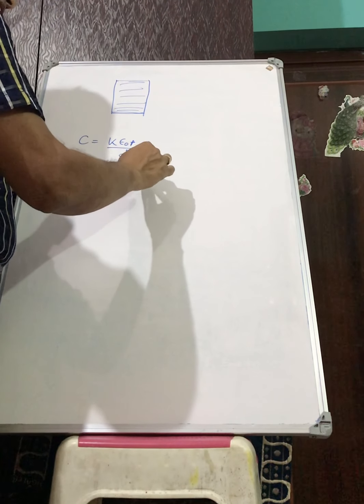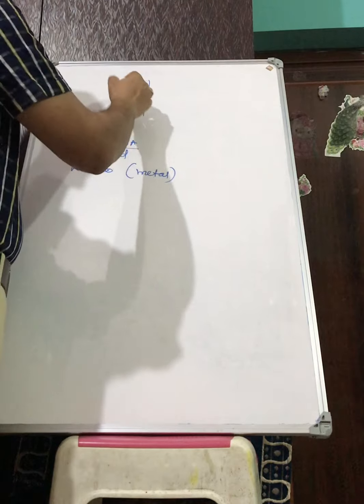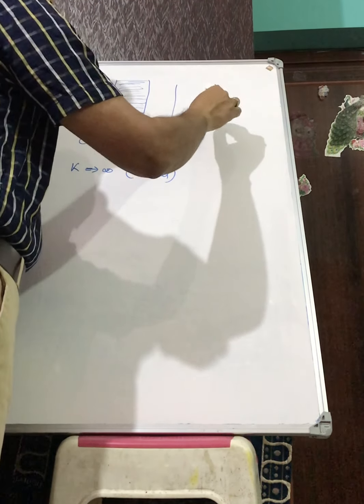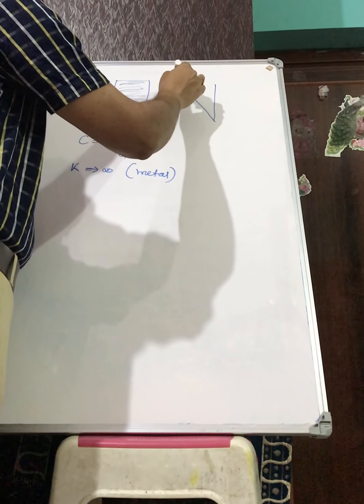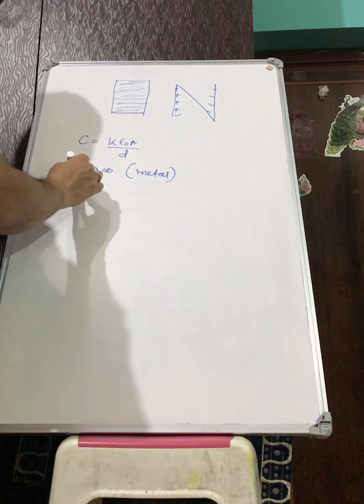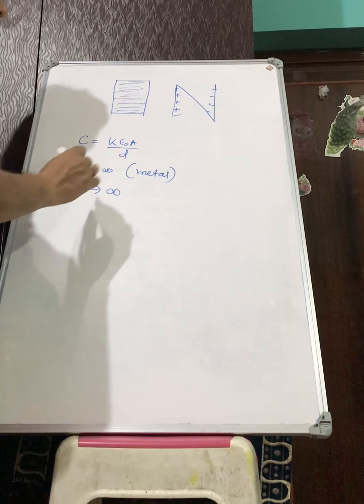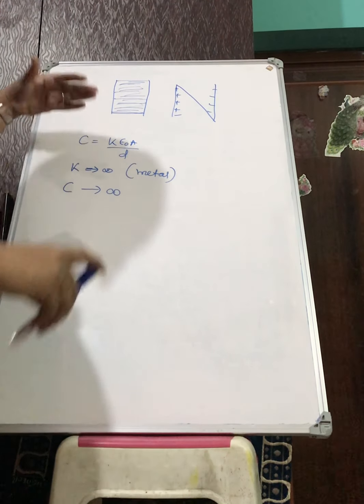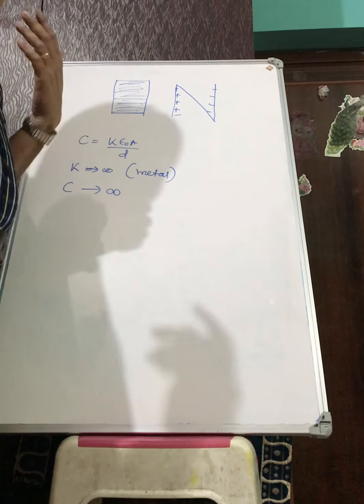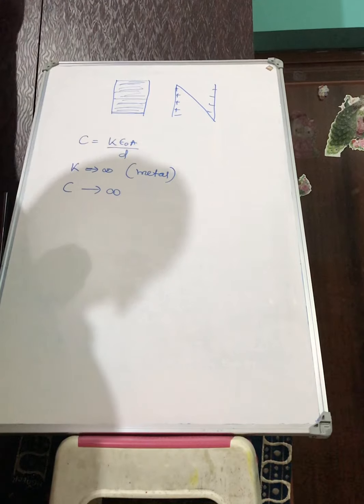That means if we place a metal sheet, or even simply if we connect a metallic wire between the plates of the capacitor, then its capacitance will tend to infinity. So this actually creates a confusion. If capacity becomes infinity, then we should practically do this, because capacity becomes infinity.